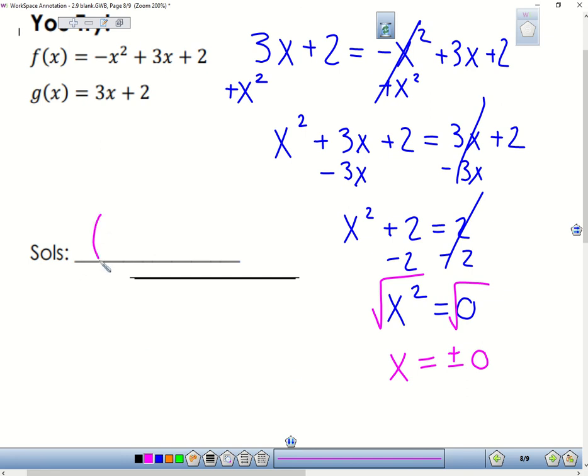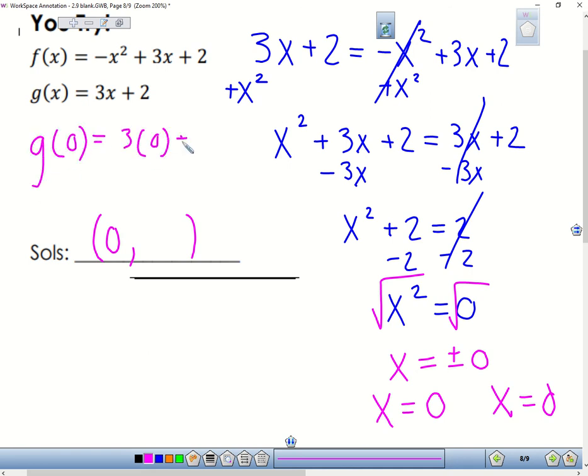So if you get two solutions in the end and they're both 0, that means you just have one solution. So it's 0, comma, and then how do I get the corresponding y coordinate? Plug it in. And that's just 2.